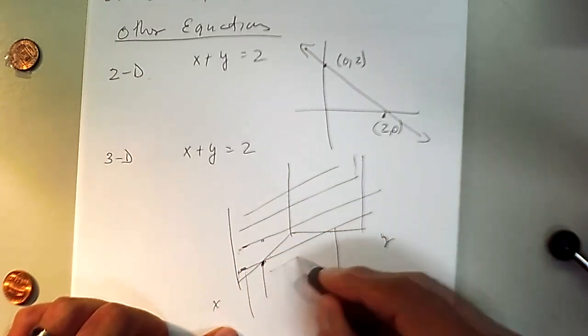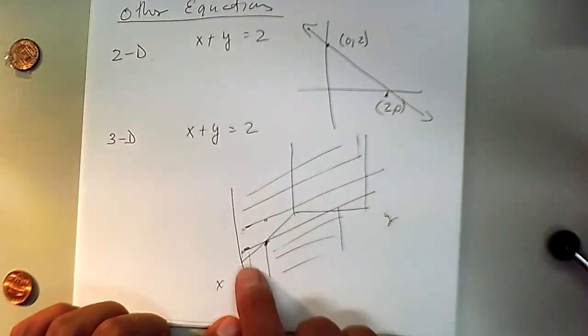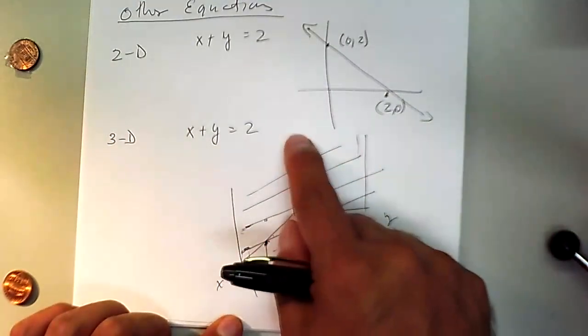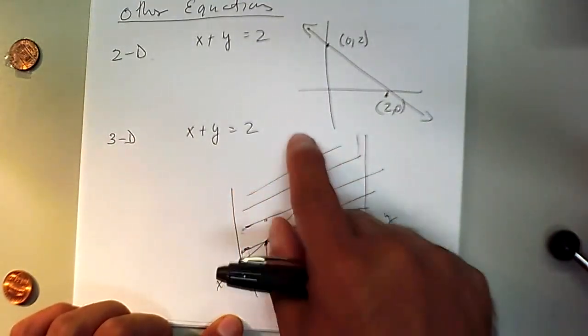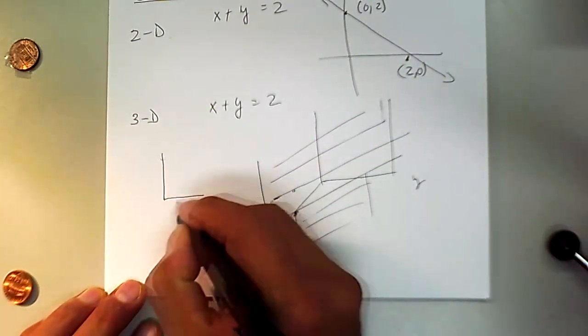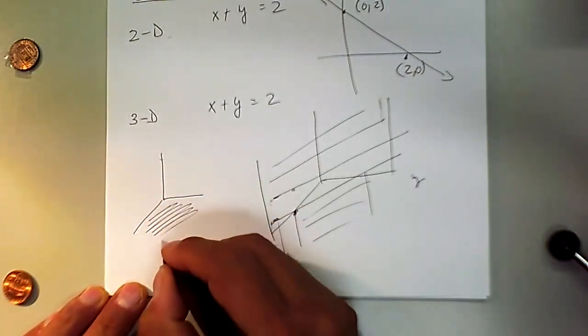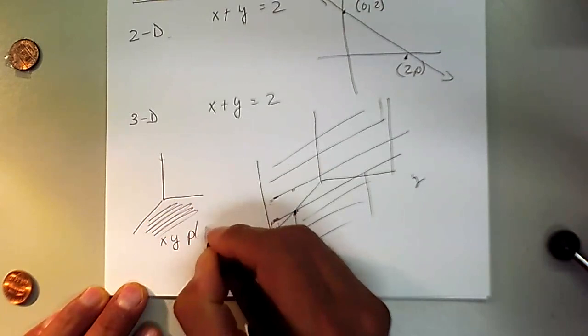Yeah, the plane. So we have a vertical plane that is diagonal relative to the xz plane and the yz plane. So we have to have some reference. This plane, which is sort of the floor, is going to be called the xy plane.